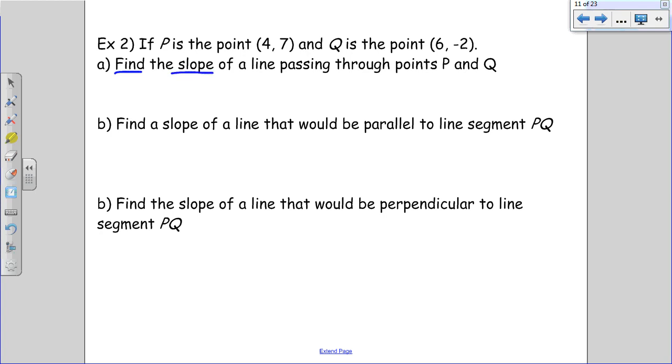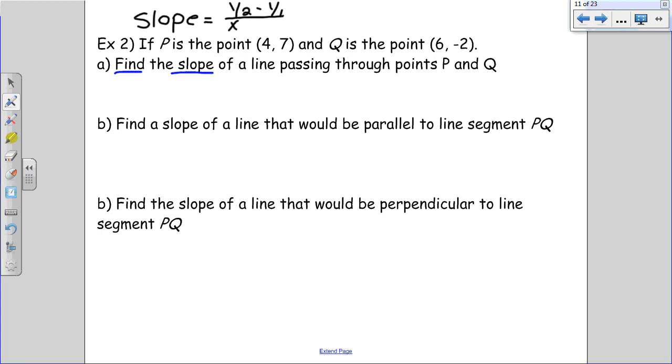If they've given you 2 points and they want to find slope, what do you have to use? You don't have to know it, just what is it? The formula. The formula for slope was y2 minus y1 over x2 minus x1.